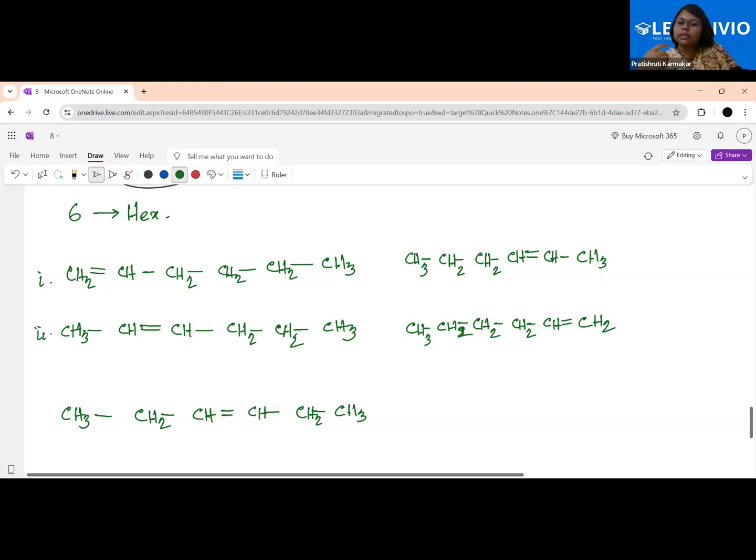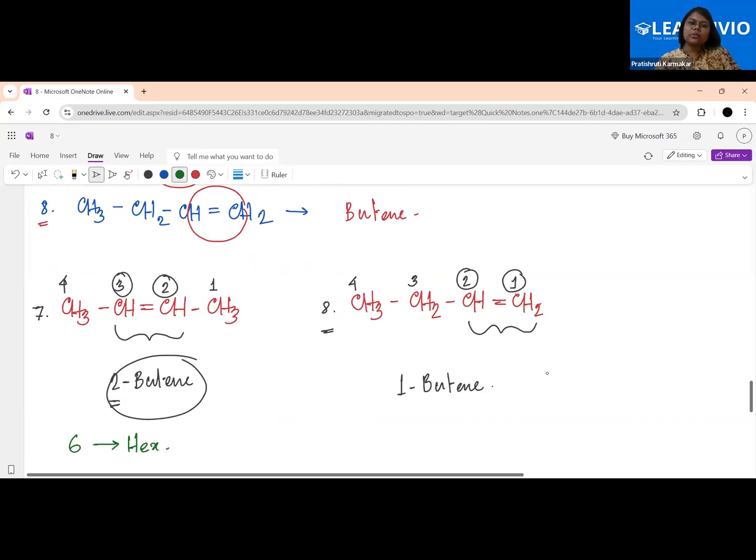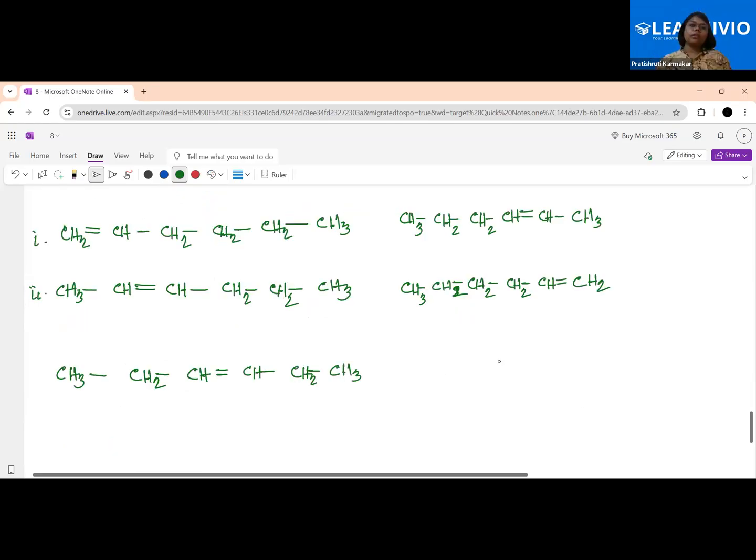Now, did you understand what I have just said with butene? These 2 examples are clear, right? Yes, ma'am. Now, based upon that, name these.